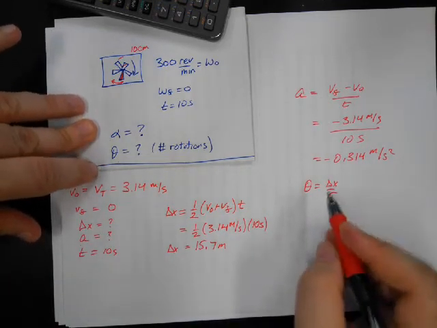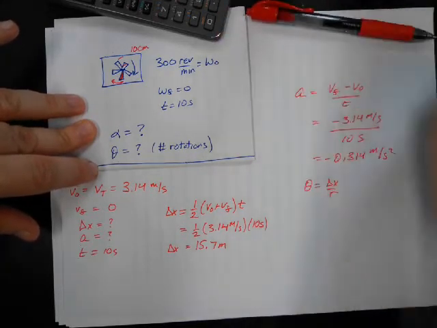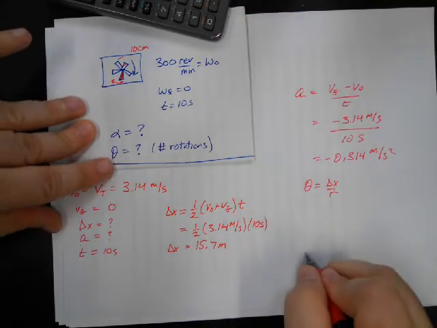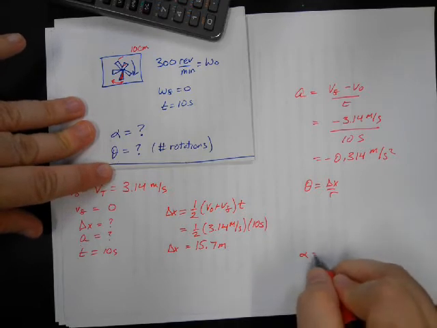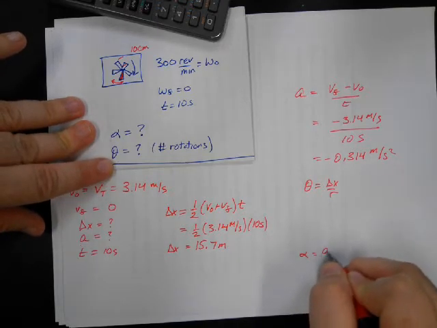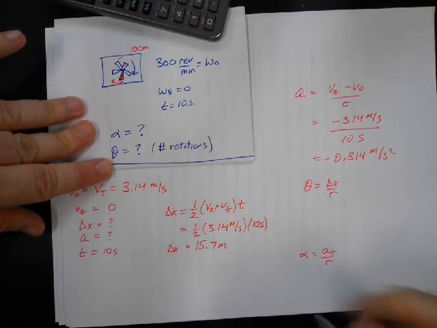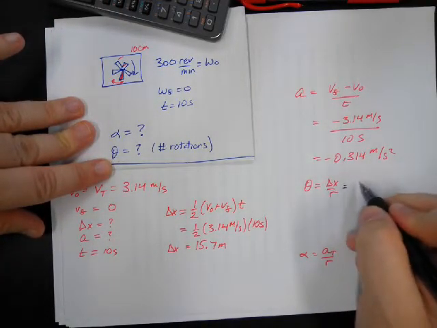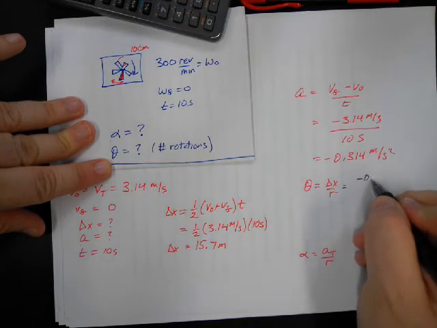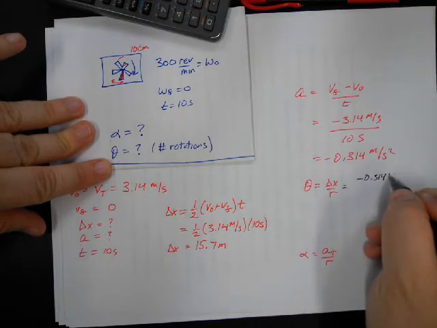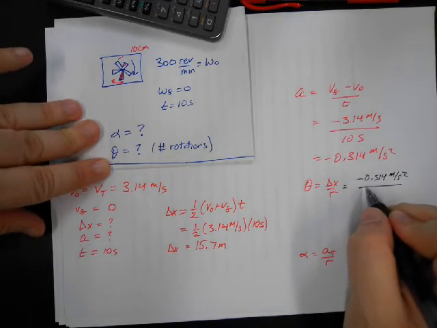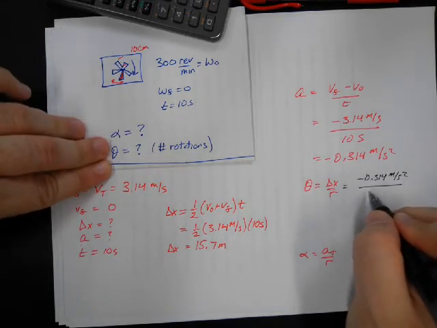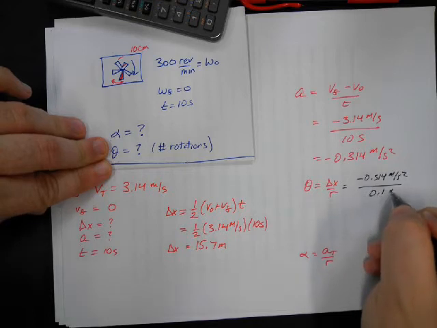That's the definition of theta. And our angular acceleration is our acceleration over r by definition. This is going to be minus 0.314 meters per second squared over r, which is 0.1 meters.